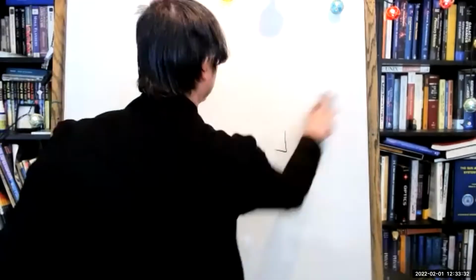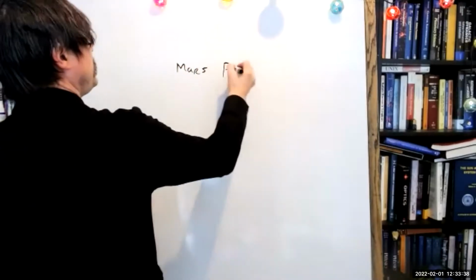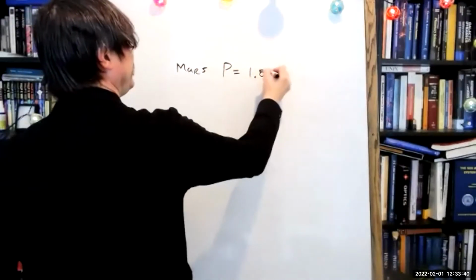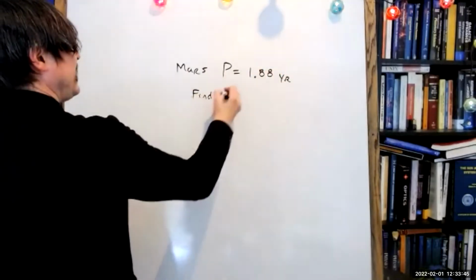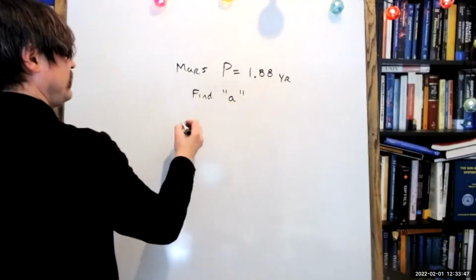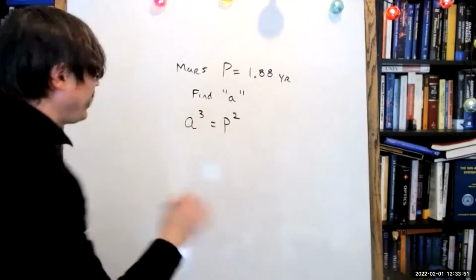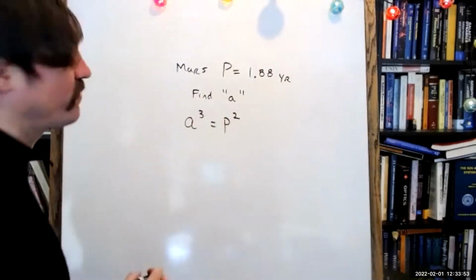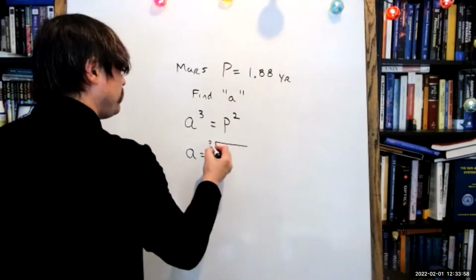If instead you're given the period, right? So I believe Mars has a period of 1.88 years. If we want to find A, the average distance, we would write A cubed is equal to P squared. They have to be symmetrical forward and backwards. And then we take the cube root of both sides.